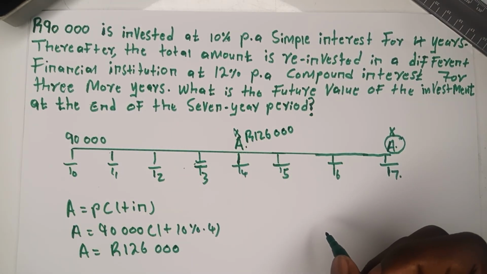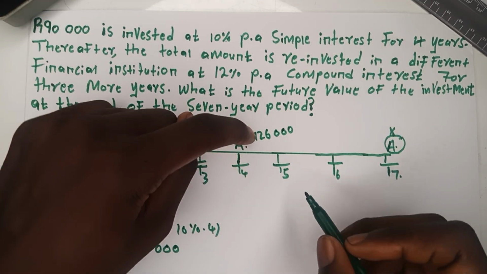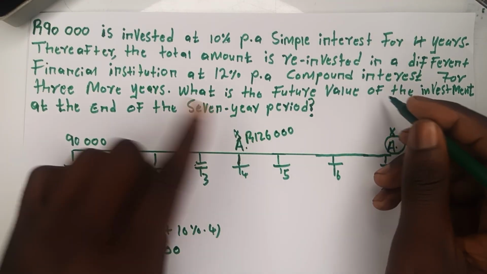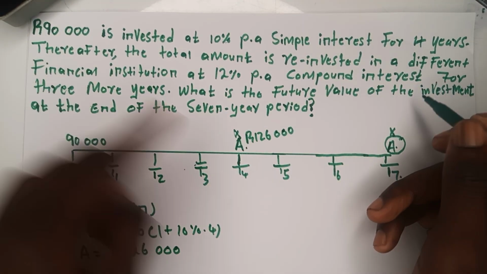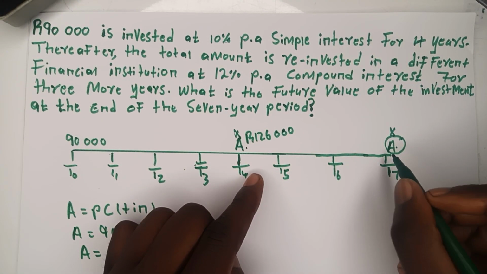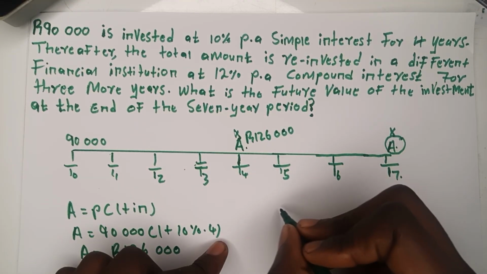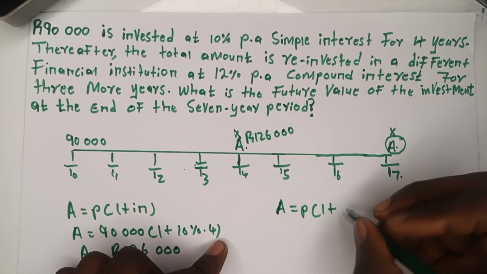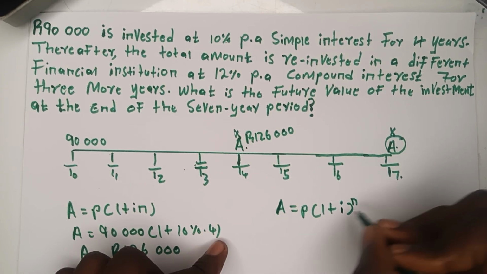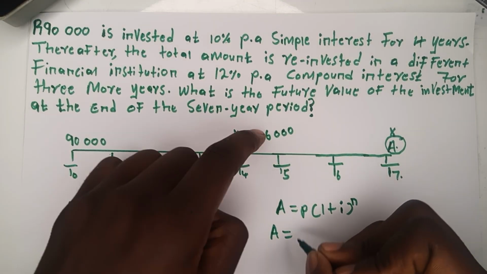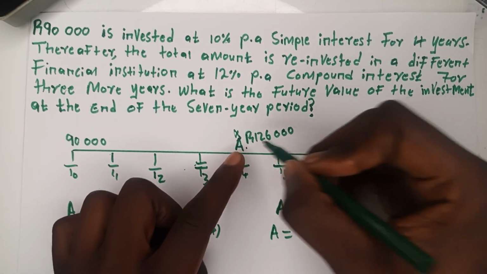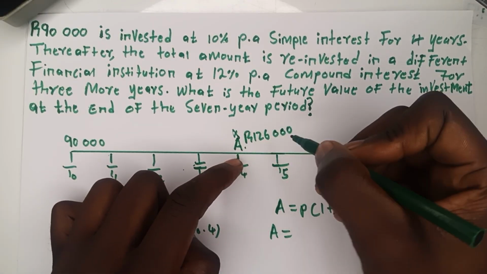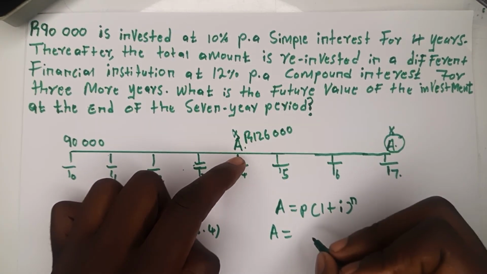And then we're going to take that 126, but now we're going to use a different financial institution. Hence, we're going to use the compound interest method, and then we're going to invest that amount for 3 years again. So we're going to write our formula. A is equal to P(1 plus i) to the power n, and this amount now is no longer A, it is going to be the value of P, because after the 4 years, now our present amount will be that 126,000.